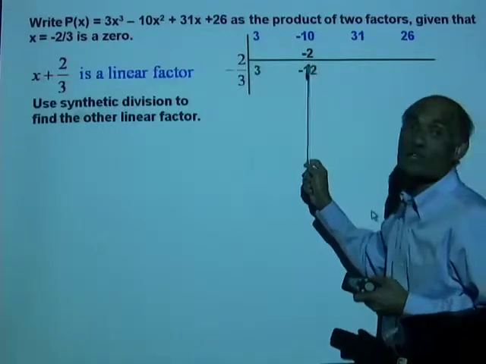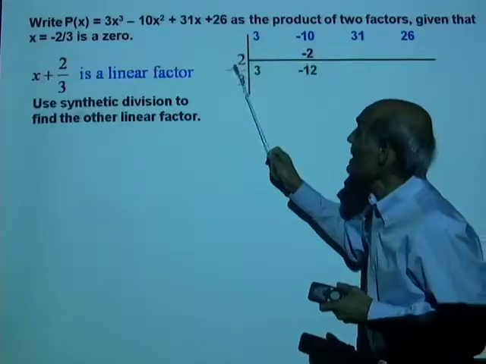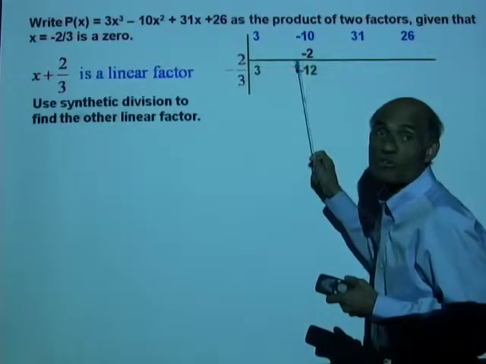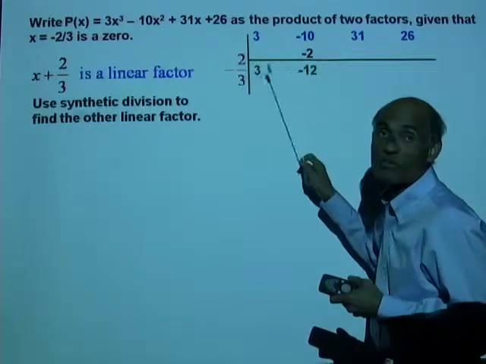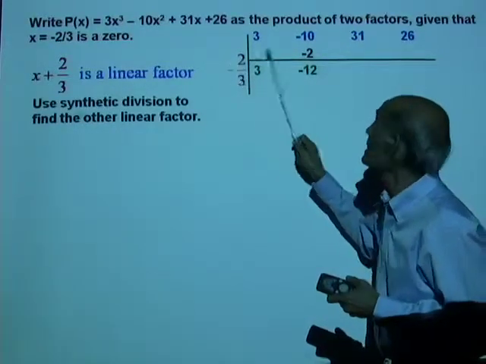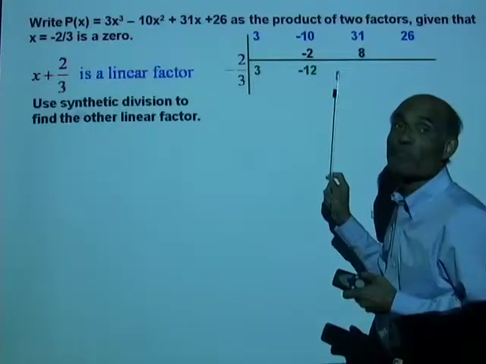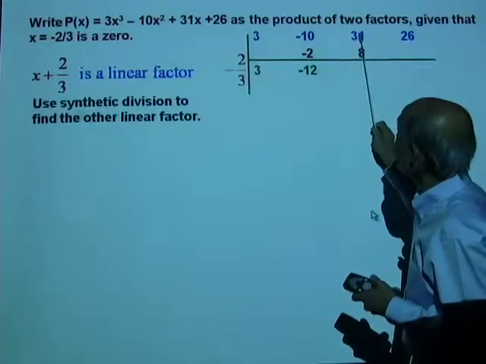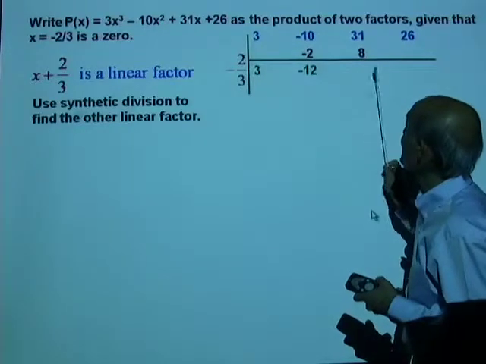Alright, now, again keep your mind alive. Negative 2/3 multiplied by negative 12. First of all, the negatives will make positive. 3 goes in 12 4 times. 4 times 2 is 8. That's right. Okay. Now, 31 plus 8 is 39.